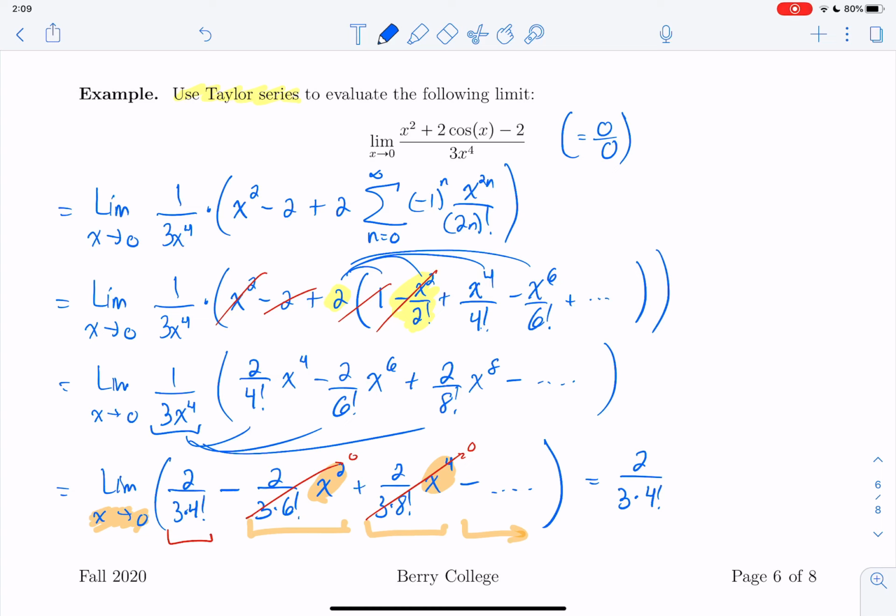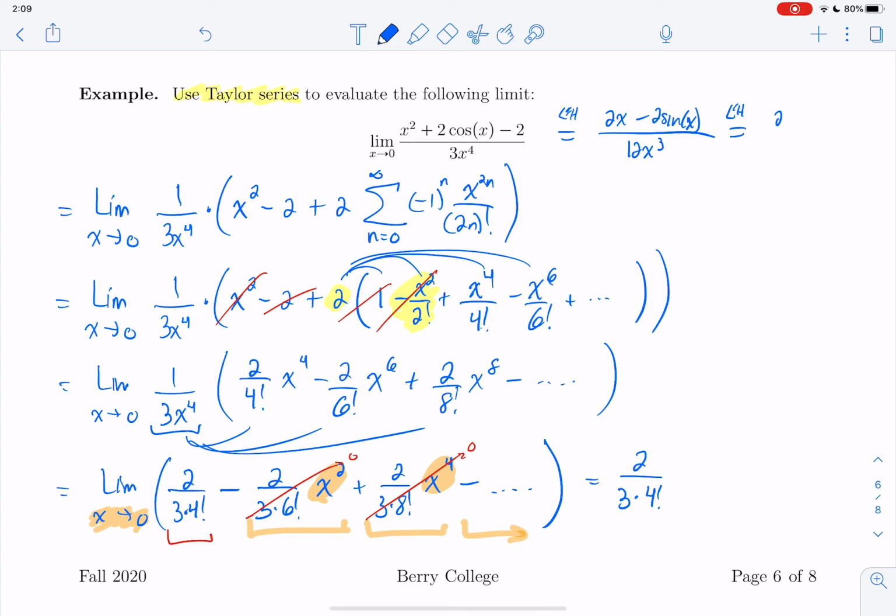Now, you can verify, if you go all the way back up here, by L'Hopital's rule, that this is equal to 2x minus 2 sine of x over 4 times 3, which is 12x cubed. This is still going to be indeterminate, so you have to do L'Hopital's rule again.